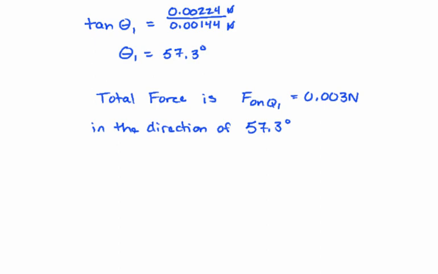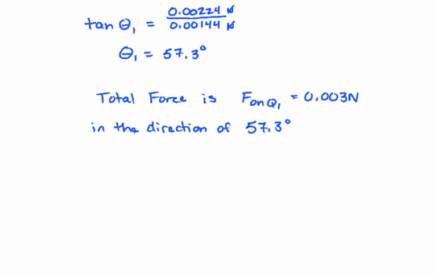And if we go back to our picture, that kind of makes some sense. So we would expect that it would be above, meaning positive y, because both forces due to charge 2 and charge 3 were in the positive y direction. The question was whether or not, due to the angles and the magnitudes of the two charges, it would end up being in the positive x or negative x direction.